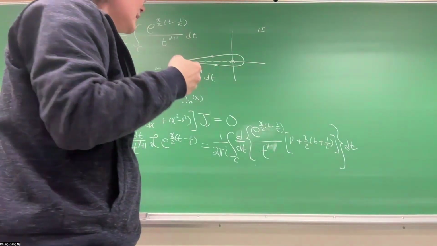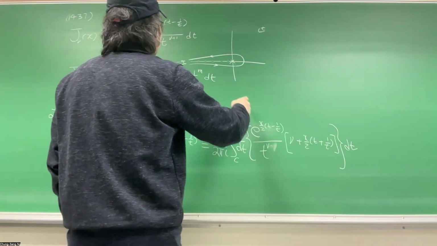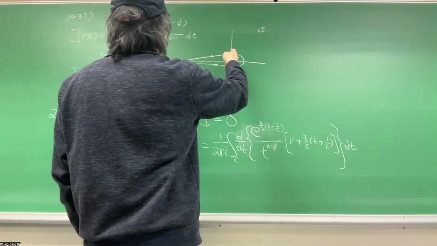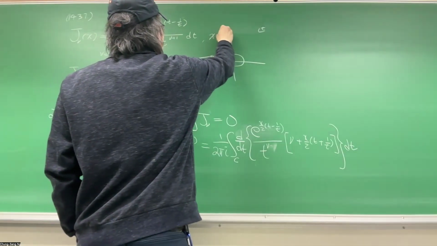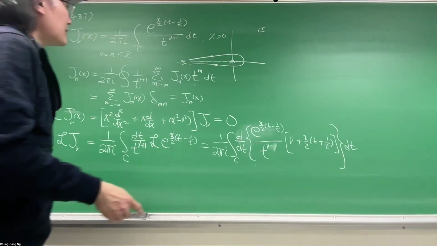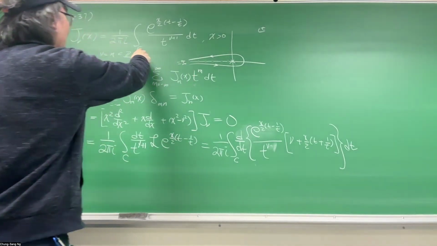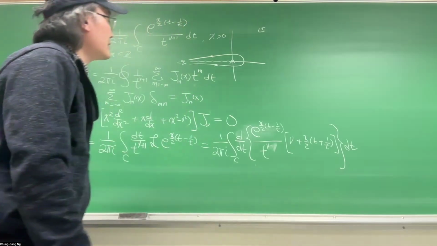And the argument is very simple. Consider x positive, because this is for positive x, right? We define the Bessel function for positive x, which is usually how we define it.